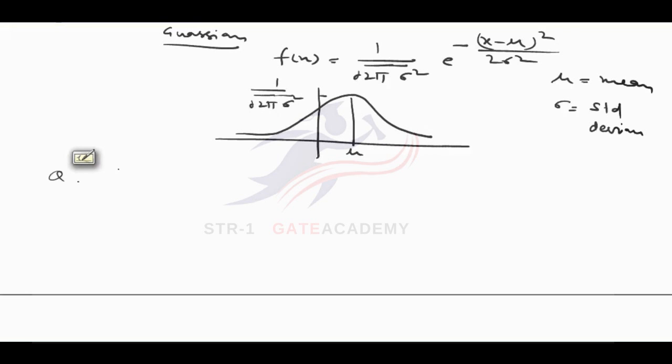In this pattern, m1 is the mean value, m2 is the mean square value, which is sigma square plus mu square, variance is sigma square, and standard deviation is sigma.